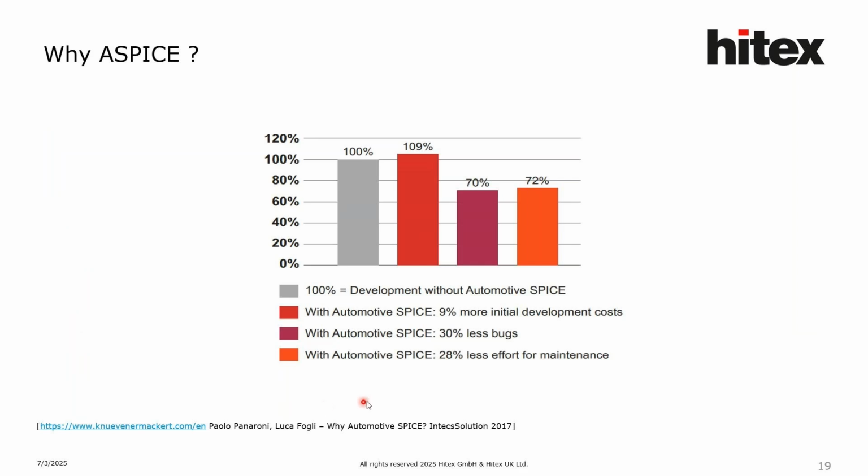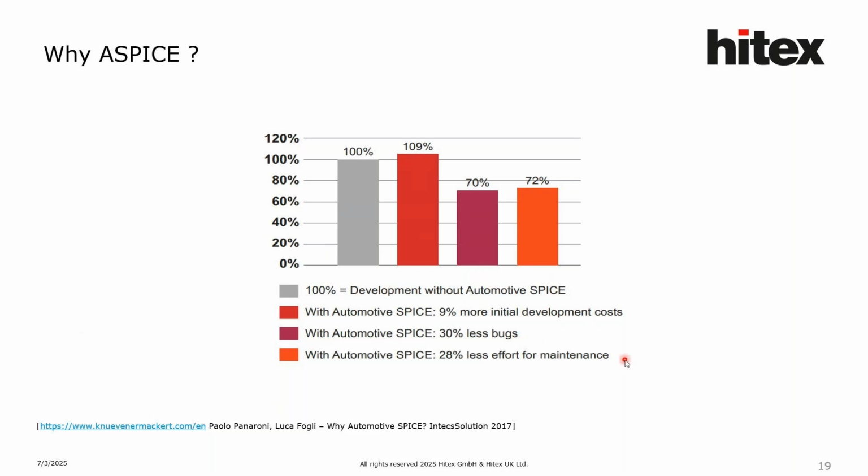Yeah, so this is a short picture on why we need ASPICE, with the statistics. So here you can see, with 9% more initial development cost, of course, it also yields 30% fewer defects and 20% less maintenance for the project.